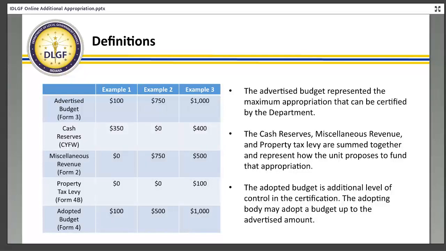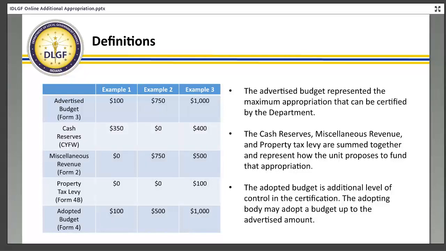The advertised budget, which is published on the Form 3 or the Notice to Taxpayers, represents a ceiling that the unit is instituting on the fund for a maximum appropriation. In other words, by informing the taxpayers of your intent to seek a specific amount of budget, it is the first piece of information the department is going to use in order to set a cap on the maximum budget that you can be approved for during the course of the year.